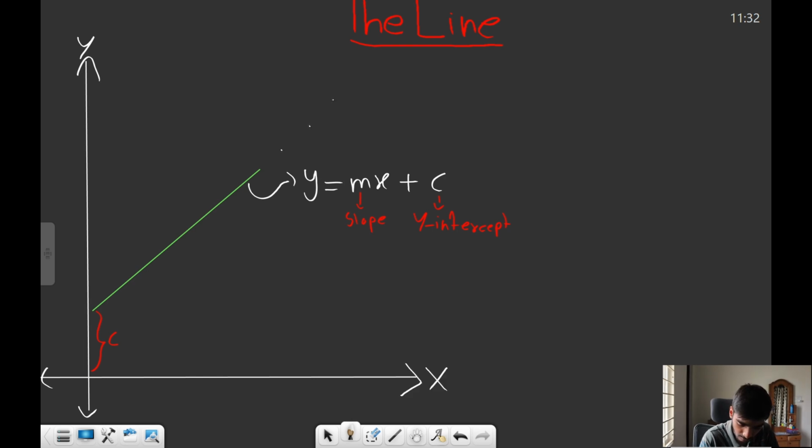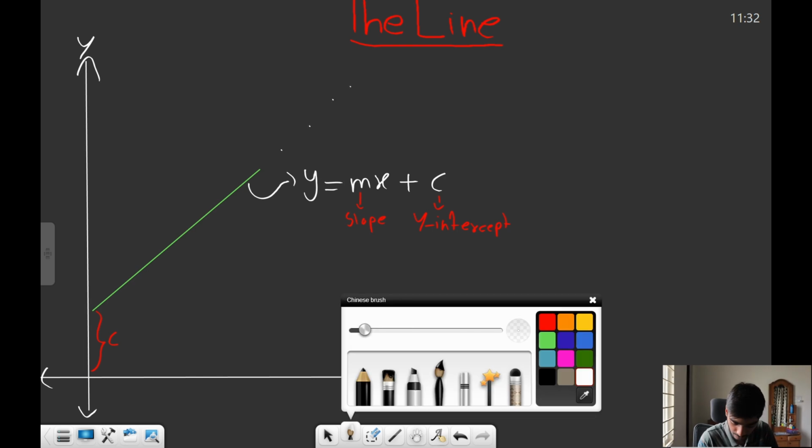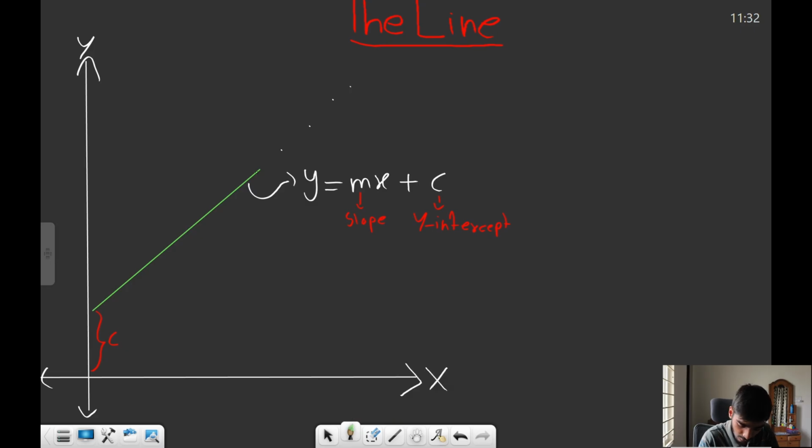Find the y values, plot them onto the graph, and extrapolate the line. This is what I mean when I ask you to predict the future values of this line. That intuition, that exact thing you did in your mind, is known as the linear regression. This is the exact intuition behind the linear regression model.